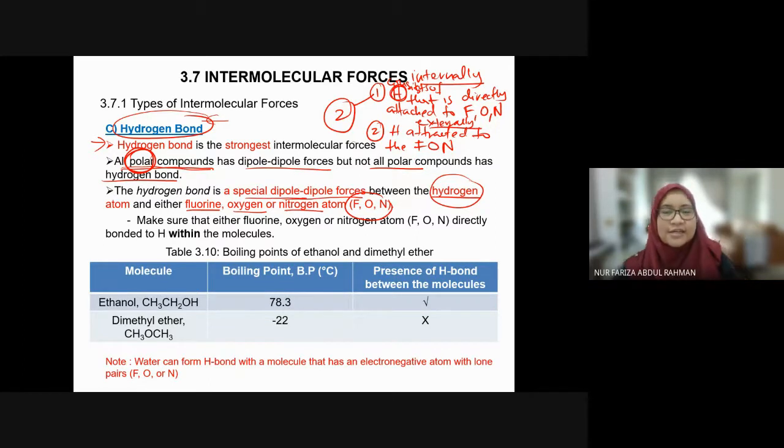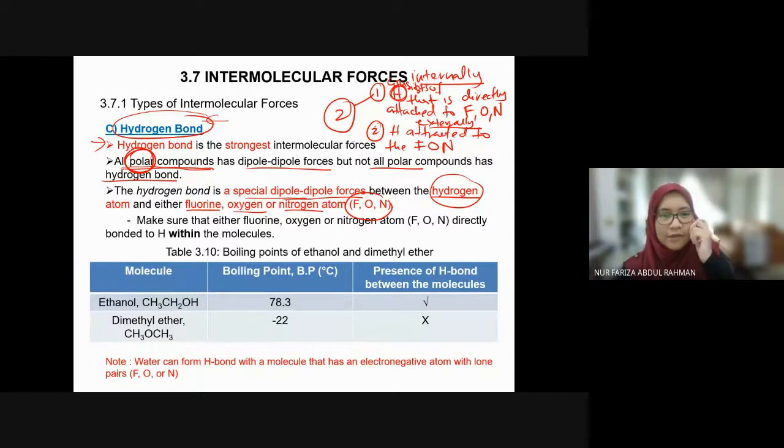Okay, alright. So these are the two conditions that you have to take note of in order to identify whether the bond is a hydrogen bond or it's not a hydrogen bond. Don't just simply say that because it has hydrogen, therefore this is hydrogen bond. No, it's not as simple as that.